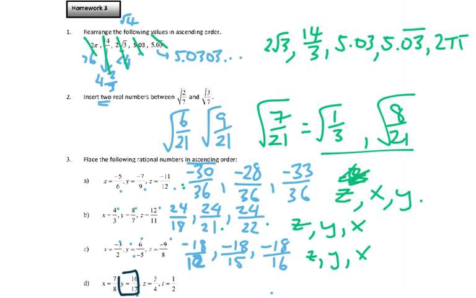So we should be able to see here that T is the smallest. Then comparing the other ones, we've got just a 1 difference in the numerator and denominator, but as those numbers get larger, this is getting closer to 1. So 7 over 8 is closer to 1 than 3 over 4. So 3 over 4 is the next smallest, then X, and the largest there will be Y.